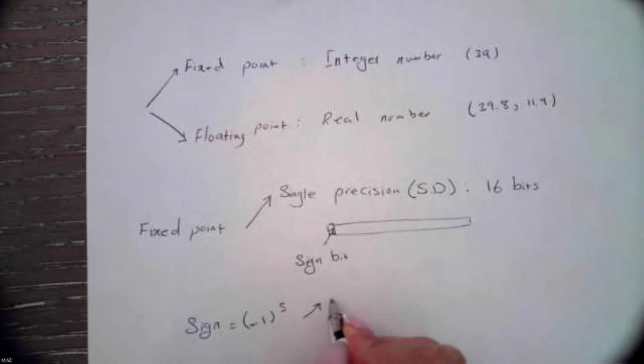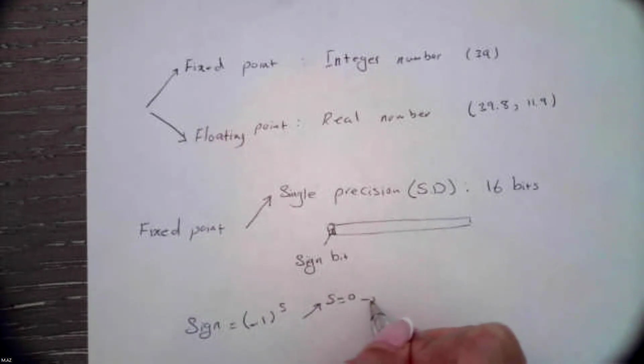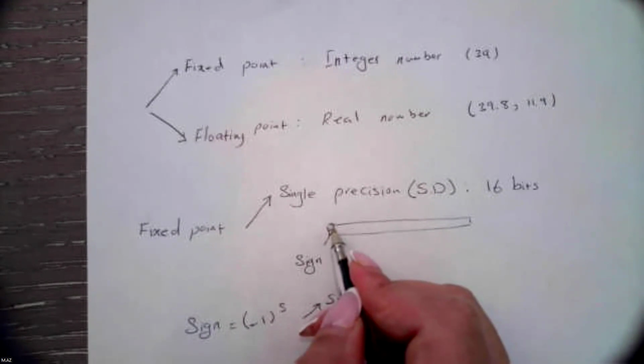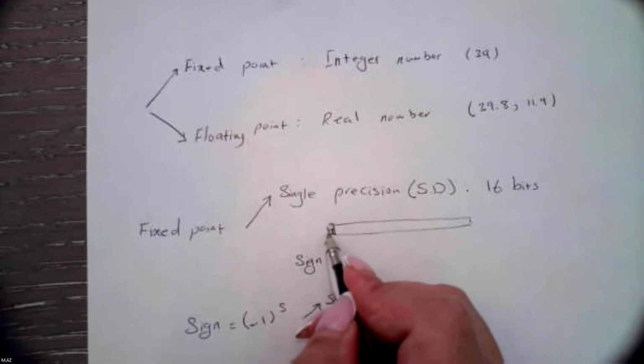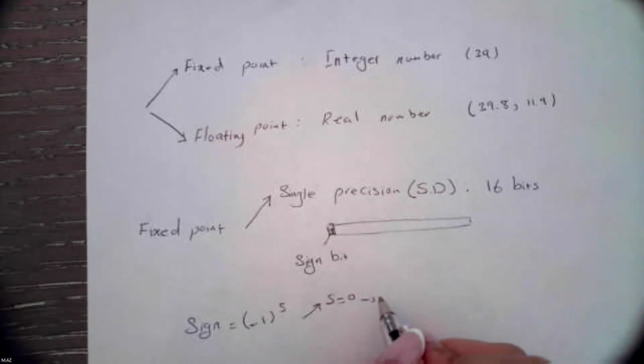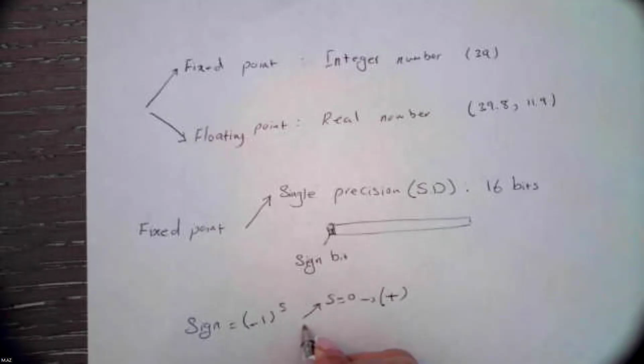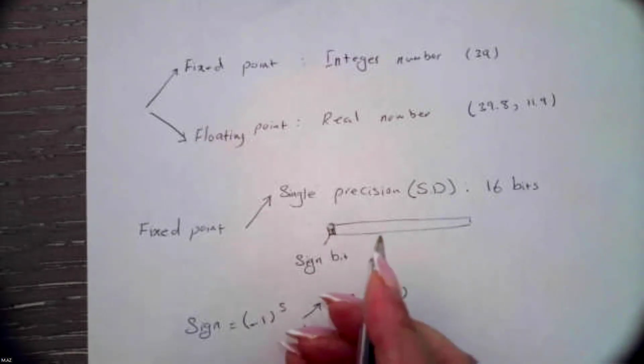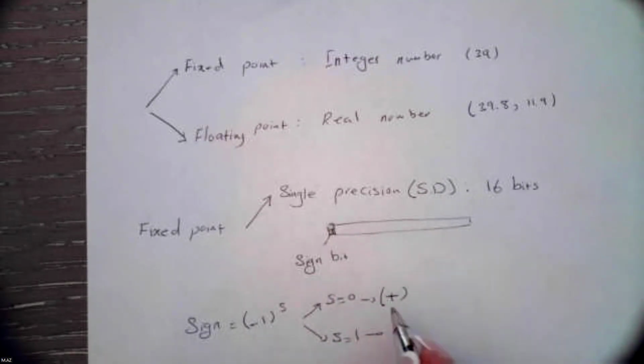If s is 0, meaning the first bit is 0, our number is positive. If the number in the sign bit is 1, it represents a negative number.